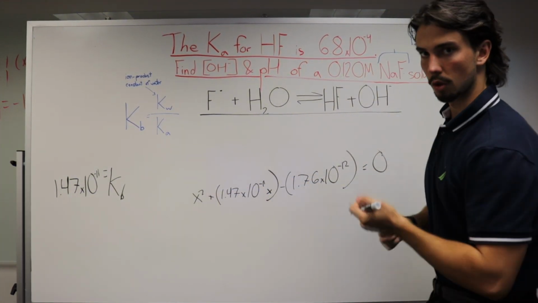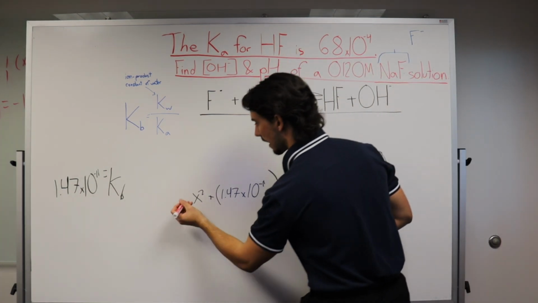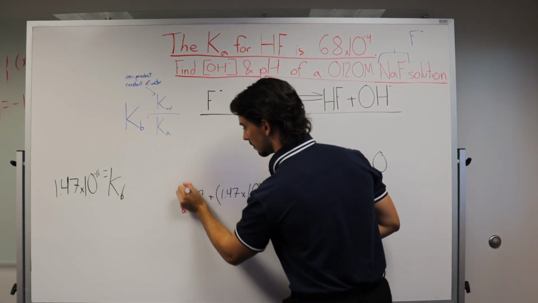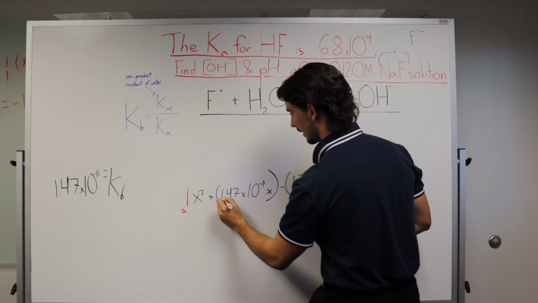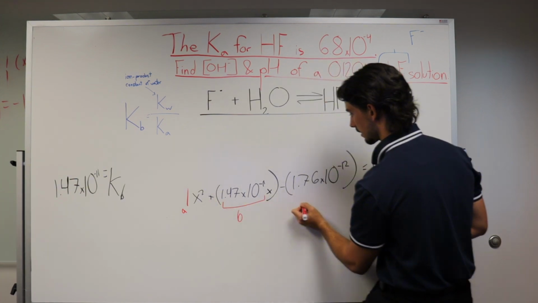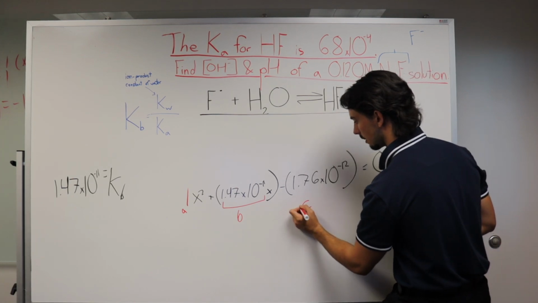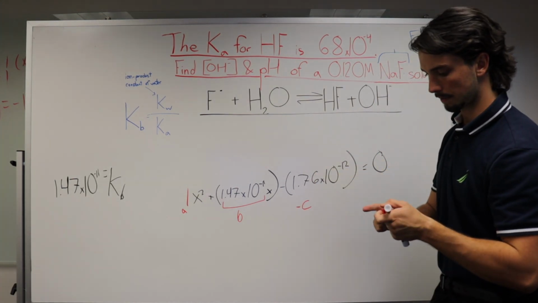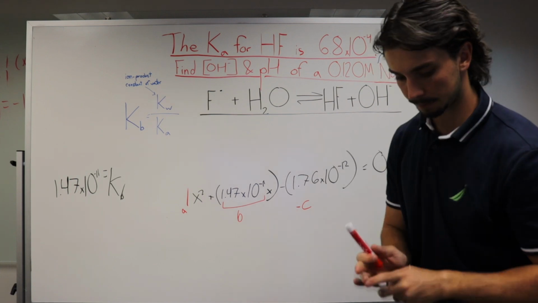Now, when we plug this into the quadratic formula, our A is just going to be 1. There's nothing in front of it. This will be our B, minus our C. We have to remember to put negative C. Perfect.